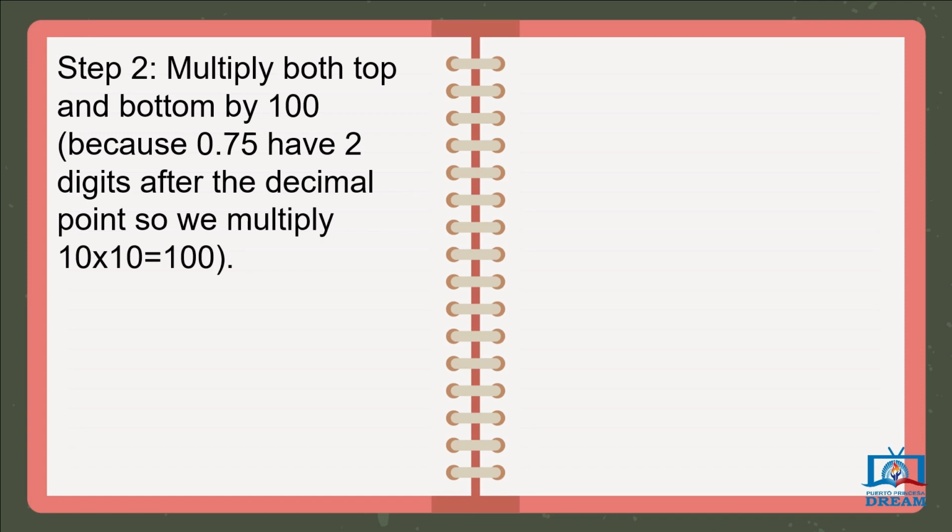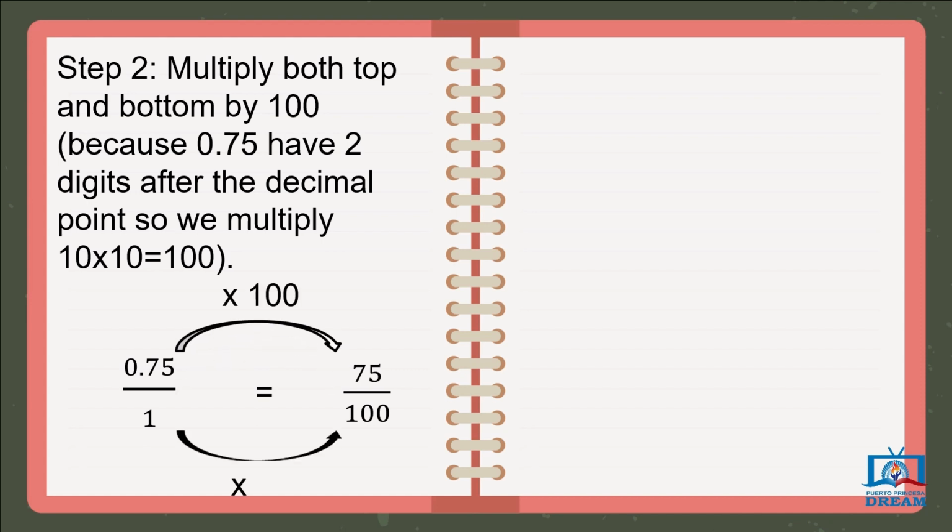Because 0.75 has 2 digits after the decimal point, we multiply 10 times 10 is equal to 100. Let's take a look at the numbers below. Look at the numerator. 0.75 times 100 is equal to 75. 1 times 100 is equal to 100 for the denominator.